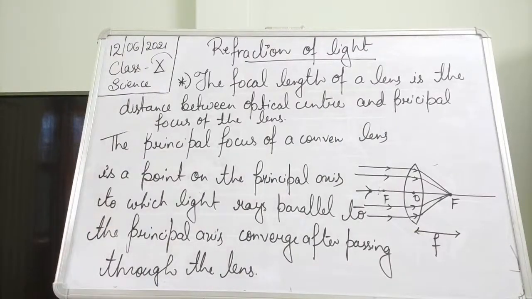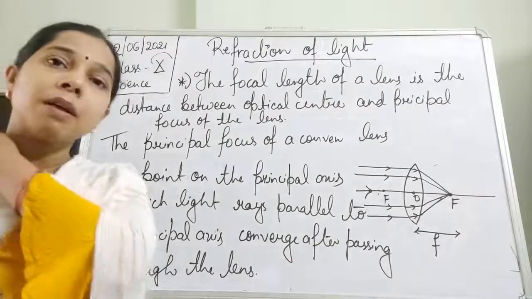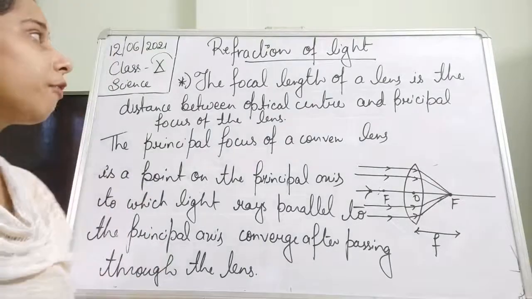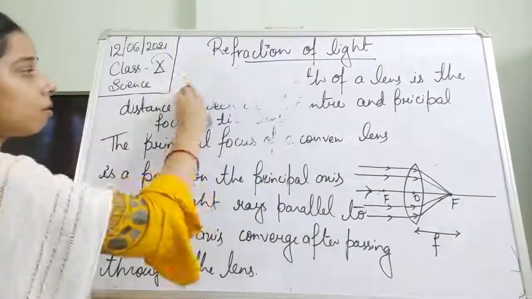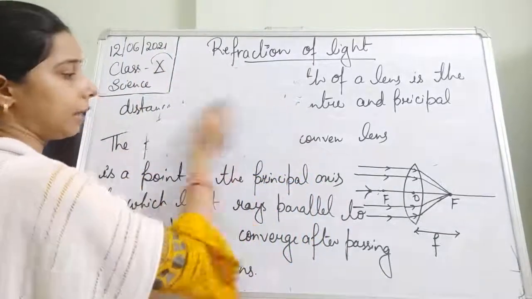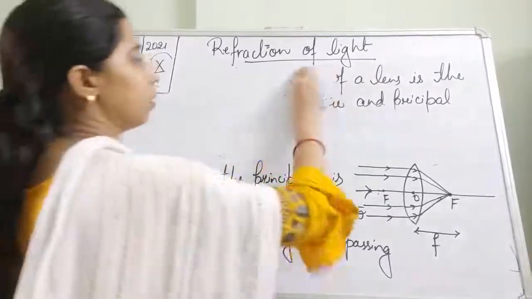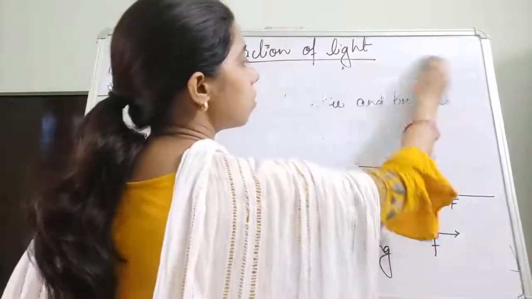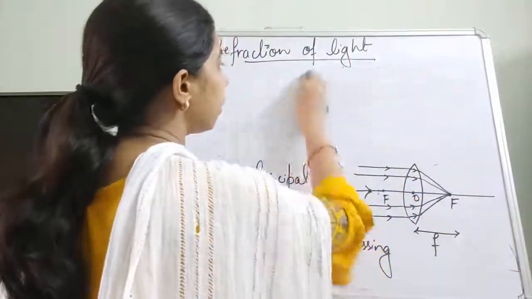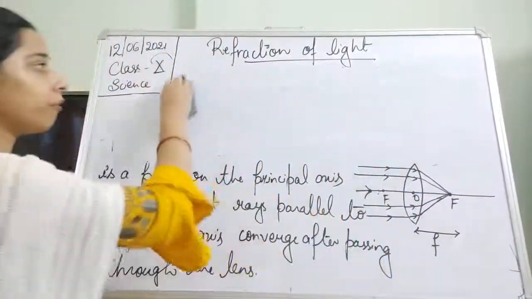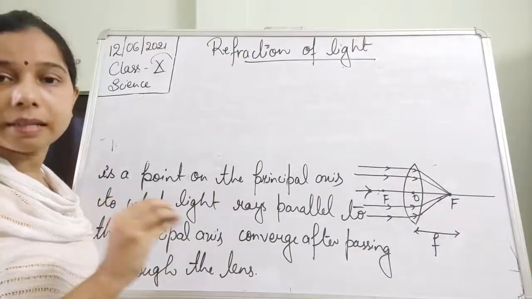Same thing if we talk about the concave lens. If we discuss the principal focus and focal length of a concave lens, then, because of this property, since here the focus is formed because of the converging of the light rays which are falling on it, it is also called the converging lens.